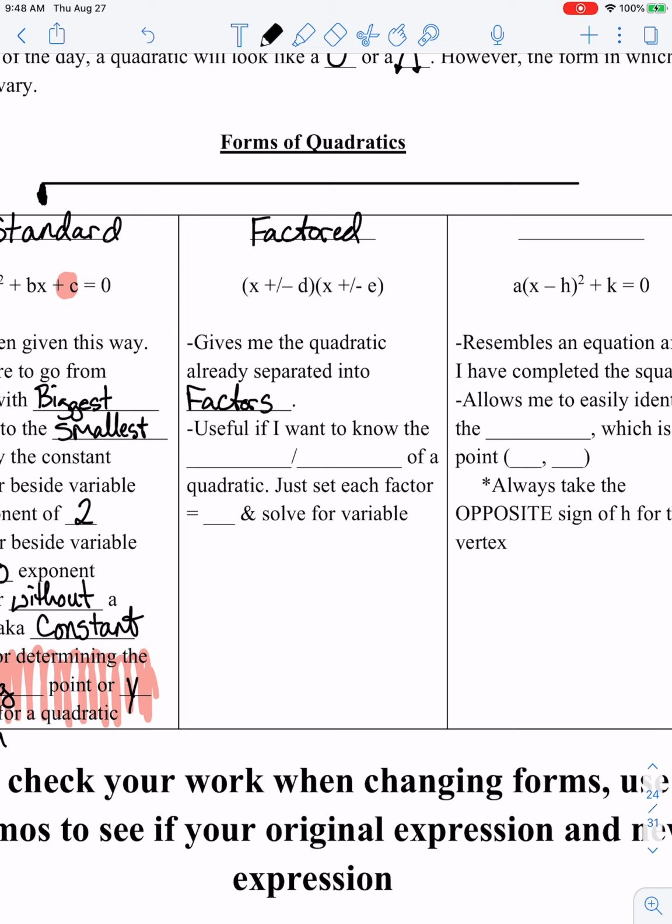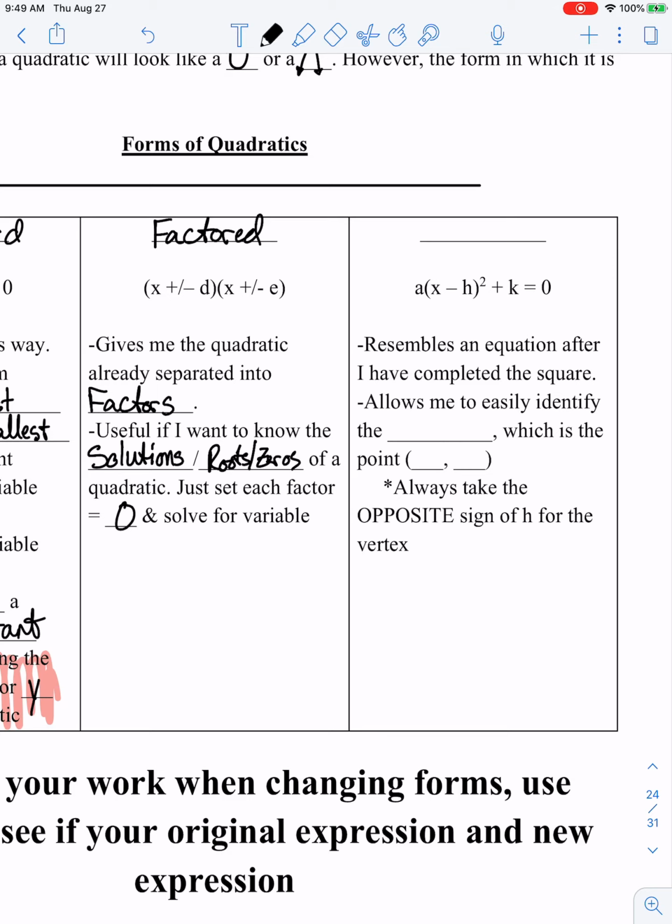Again, we looked at this when we solved. So if you want to know your solutions, roots, or zeros of a quadratic, just set each factor equal to 0 and then solve for your variable.